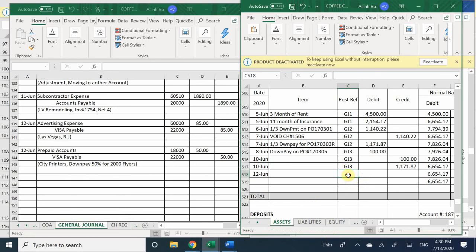General journal number 4. And it was for $50. Which now your prepaid should be... What is that 503?